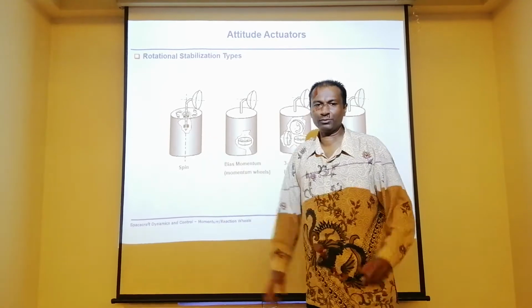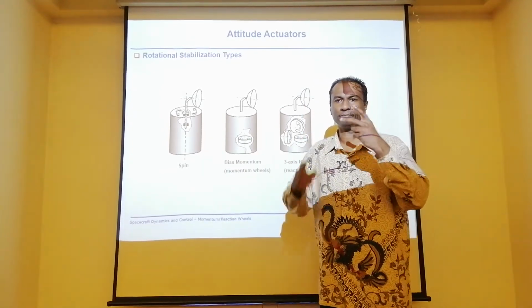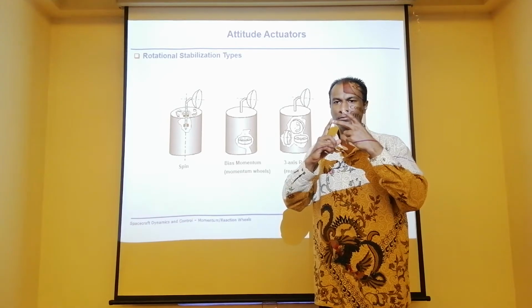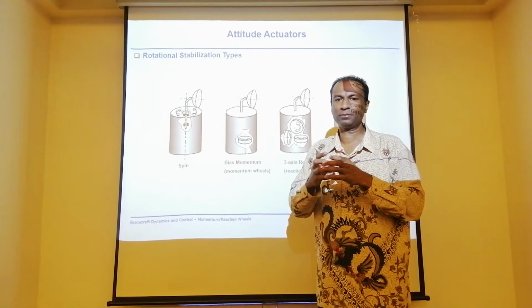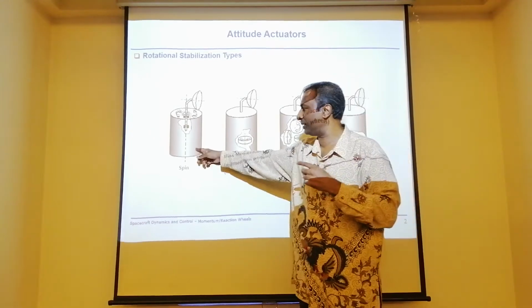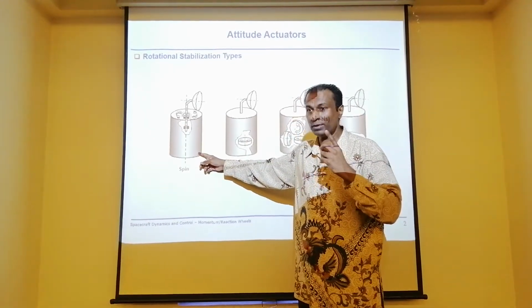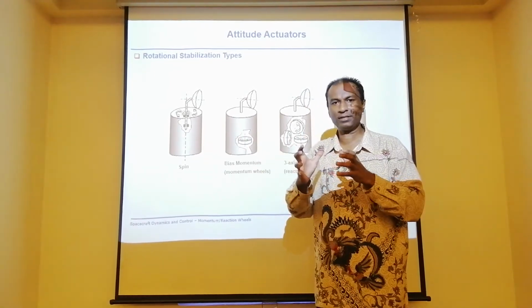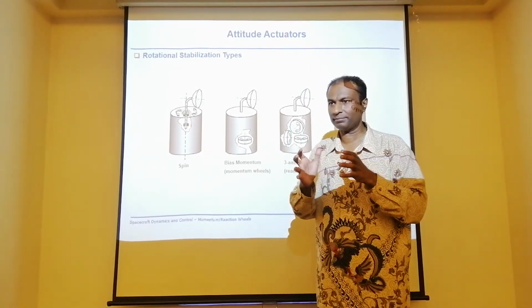Now, there are two ways you can produce angular momentum. One, you have a very high speed with a smaller mass. Another way, a very low speed with a bigger mass. A spin satellite has a lower speed and bigger mass, and you will have quite a reasonable angular momentum.